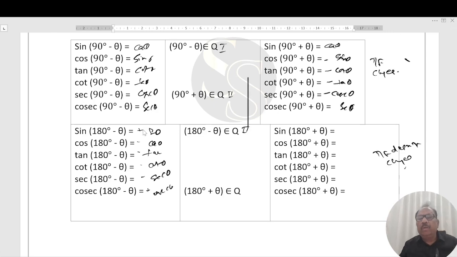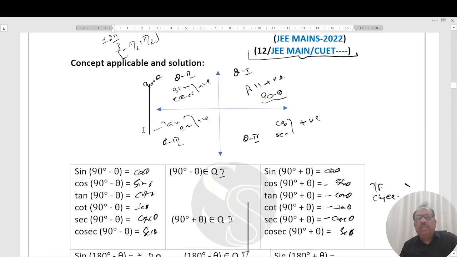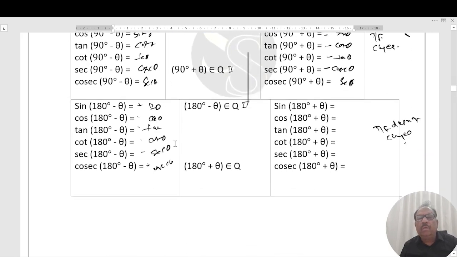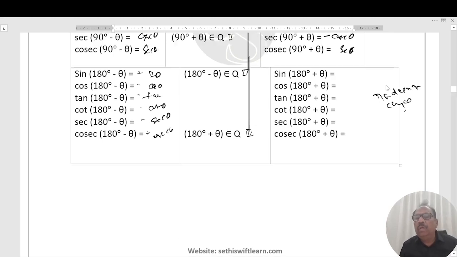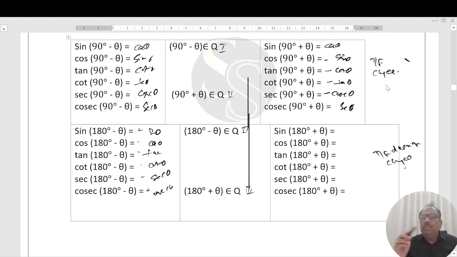In case of 180 plus theta, it belongs to quadrant third. In quadrant third, trigonometric function will not change. So how to write it? Sine 180 plus theta. Quadrant third, tan and cot are positive. The others will be negative.